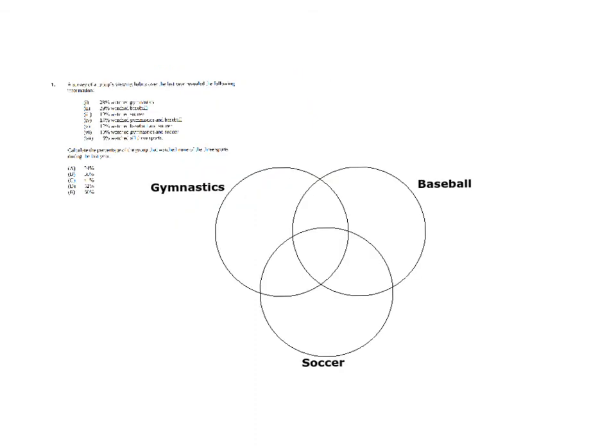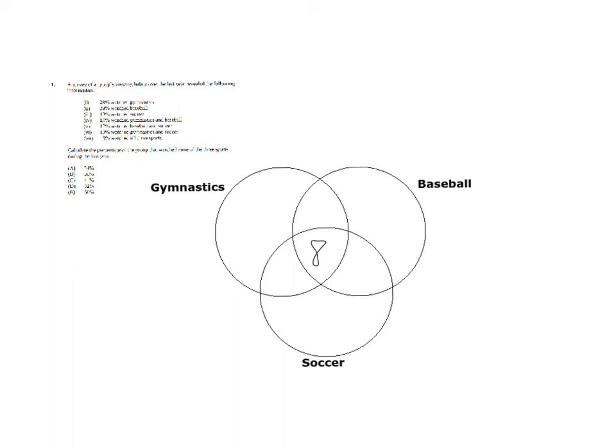So I've made a three-way Venn diagram that has all the categories: gymnastics, baseball, and soccer. And if you're going to use this method, then you need to start with the most inclusive one, which is all three sports. That is that 8%, and that 8% is going to go in this little space right here.